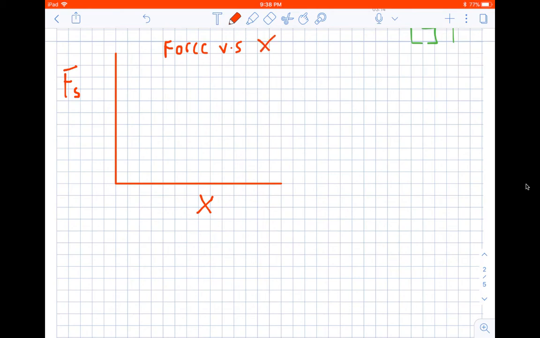So we graphed the force versus stretch of an ideal spring. We found a linear trend line.